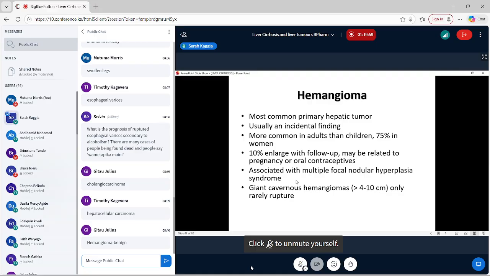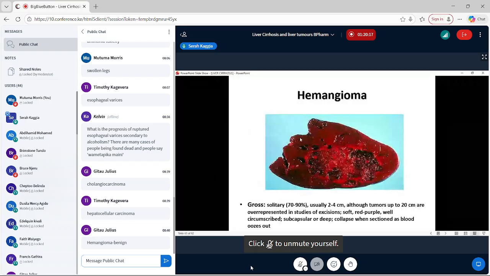Many times we see it in association with focal nodular hyperplasia, okay? And they become very big, they can form giants, which we call giant cavernous hemangiomas. Very big, they're more than 10 centimeters. And I show you a photo of the hemangioma here. So this is your nice liver, the one you see in the butchery.